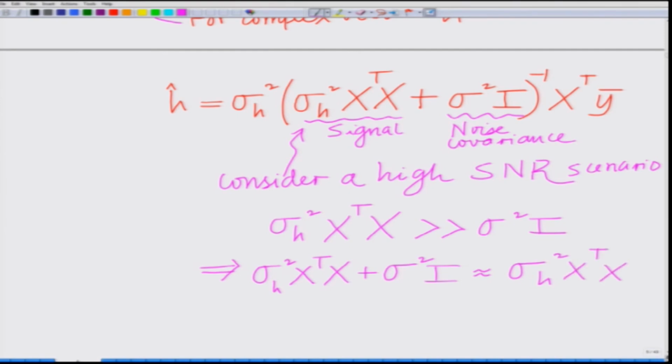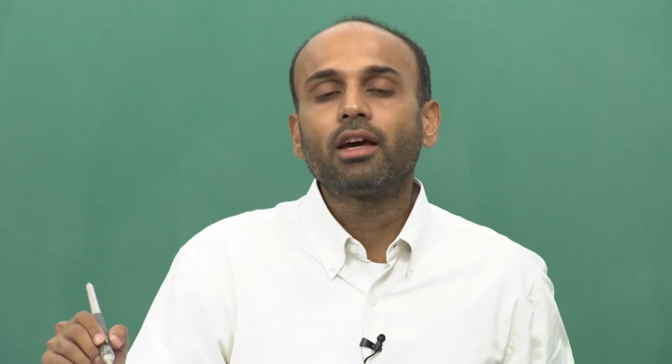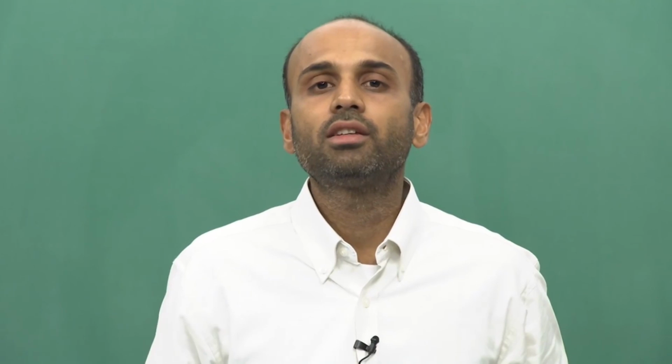Because the noise covariance is insignificant compared to signal covariance, I can approximate this quantity simply by sigma h square x transpose x.